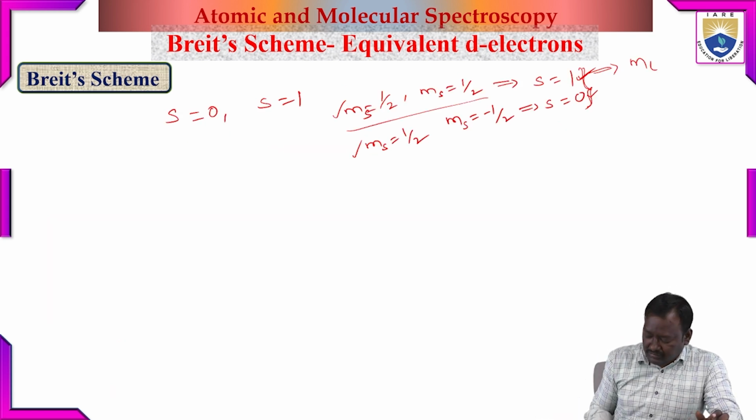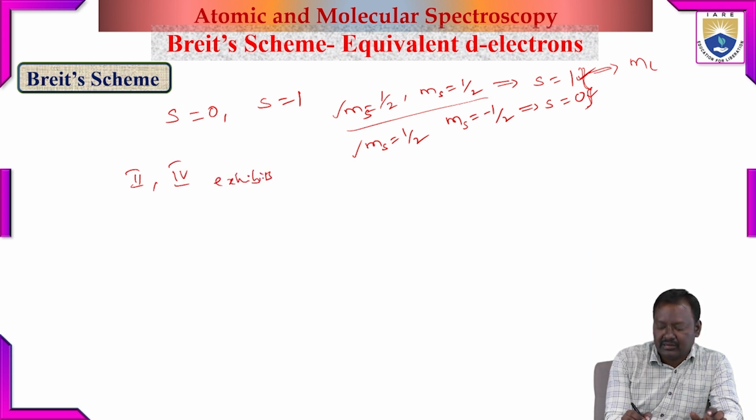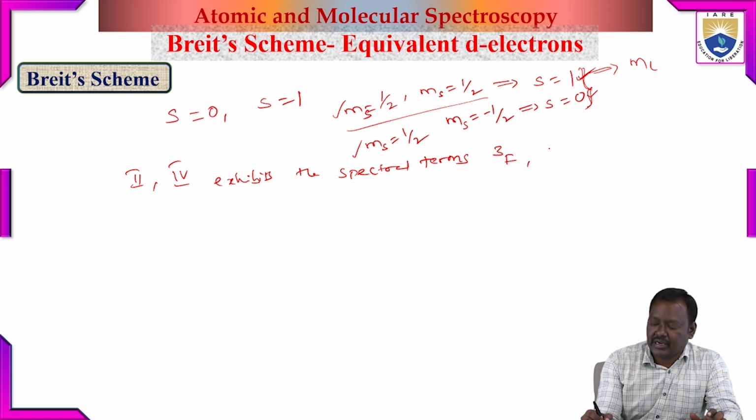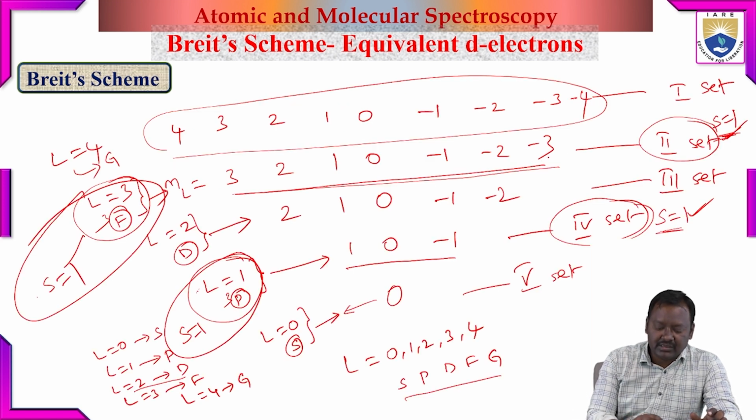So the second set and fourth set exhibit the spectral terms 3F and 3P.